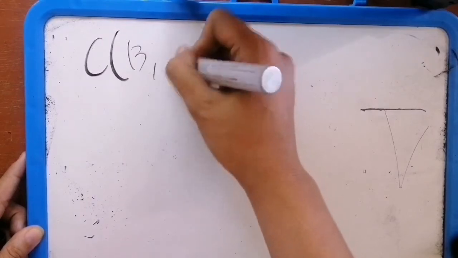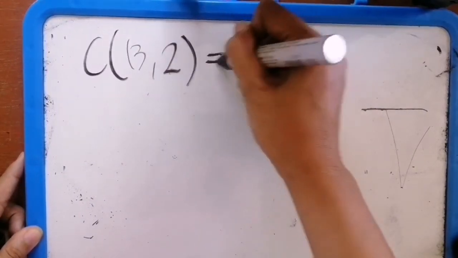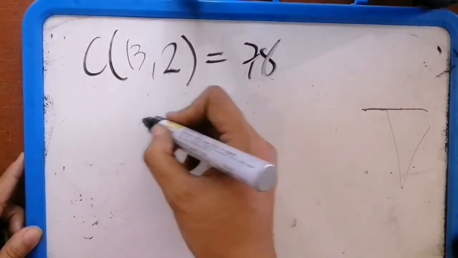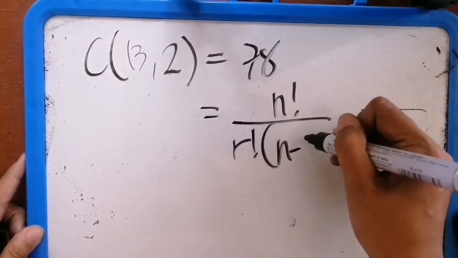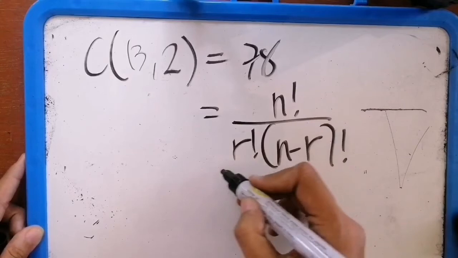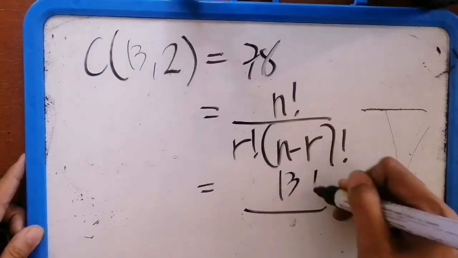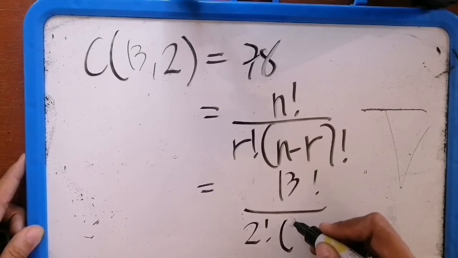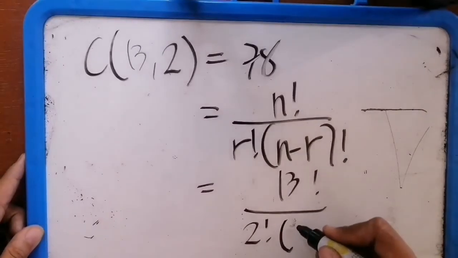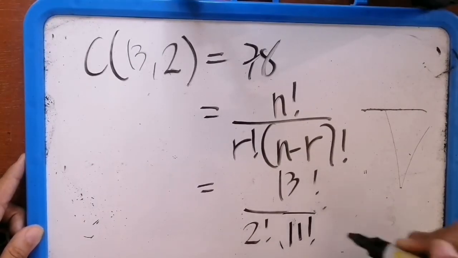Okay, so let's try to check this. Combination of 13 taken 2 at a time is equal to 78. So we have n factorial over r factorial times n minus r factorial. So we have 13 factorial over 2 factorial times 13 minus 2 is 11 factorial.